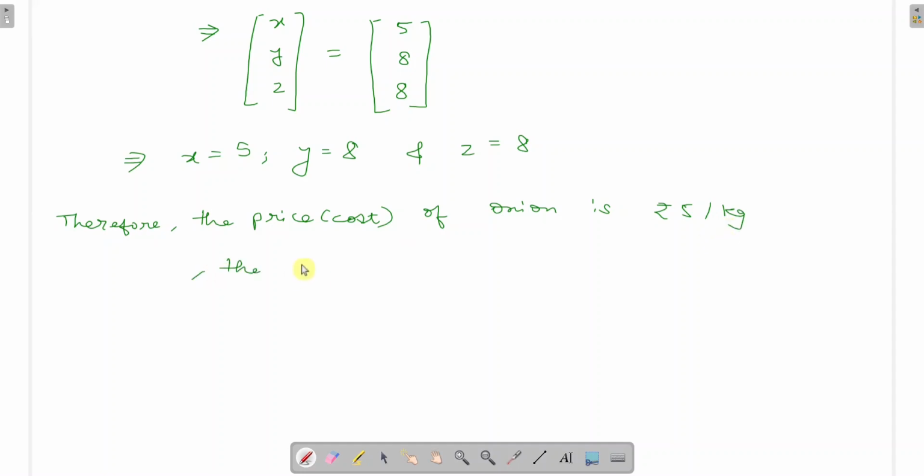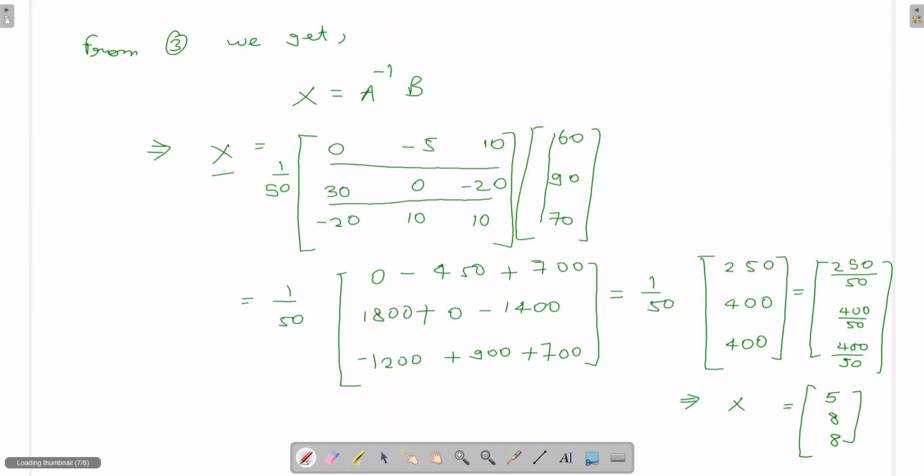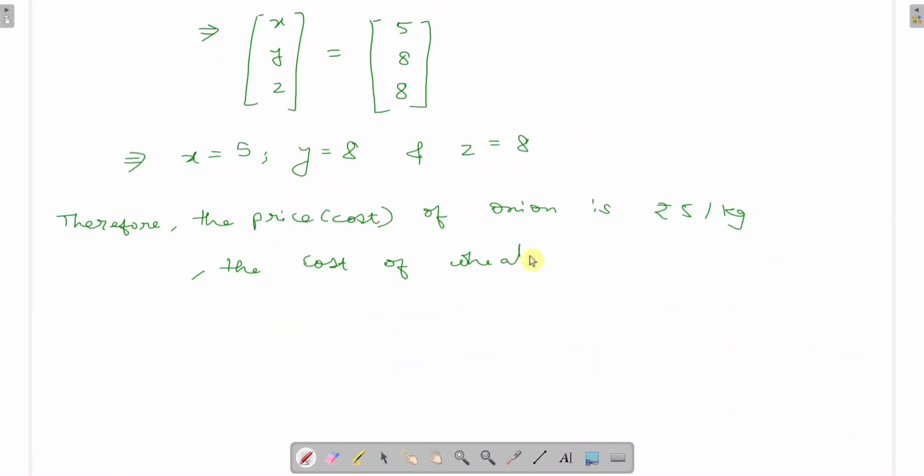Then the cost of wheat is rupees 8 per kg, and the cost of rice is also rupees 8 per kg. Okay, so that is the solution of problem 15.